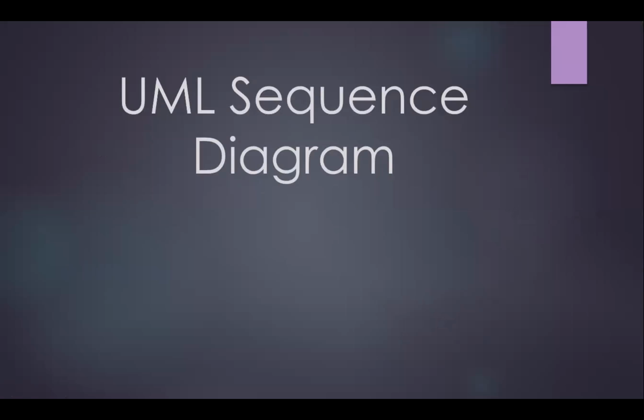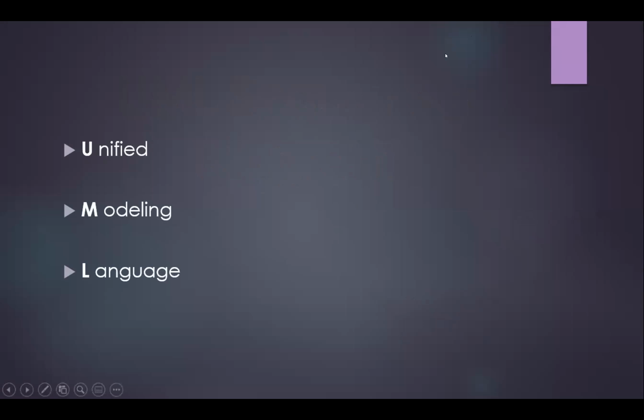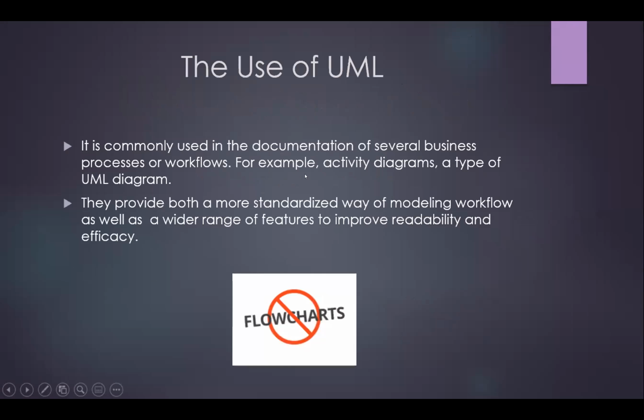Okay, so the topic is the UML sequence diagram. It's a simple review. UML stands for Unified Modeling Language. We use UML in the documentation of several business processes or workflows.